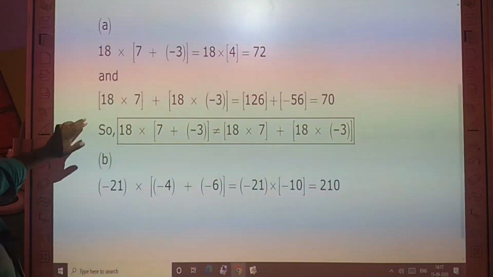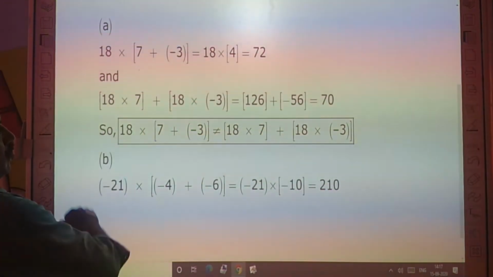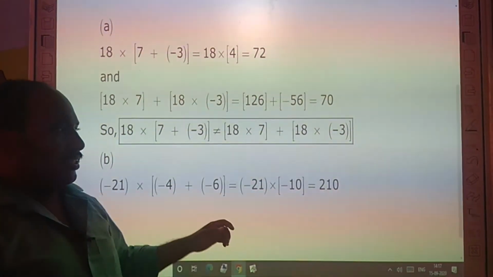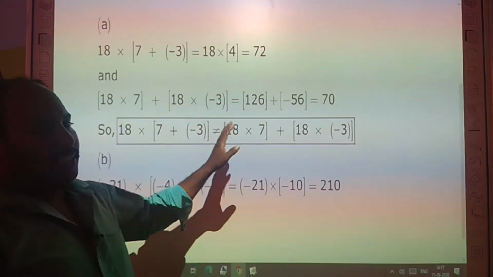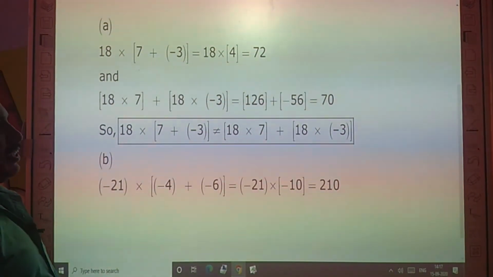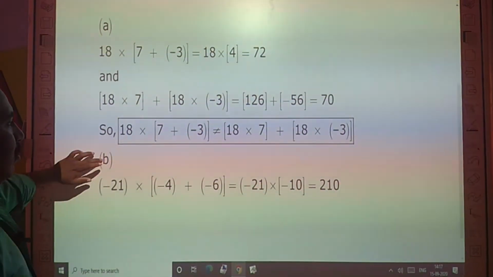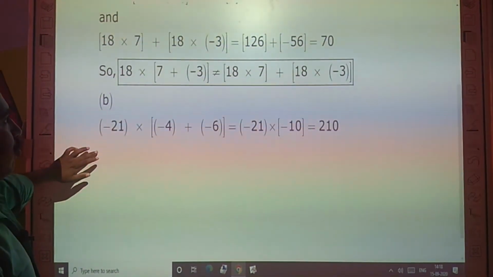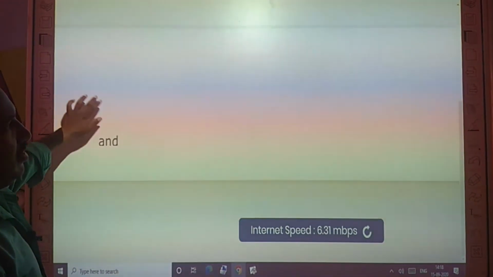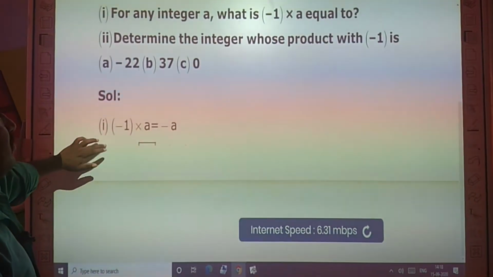That is the LHS. Then RHS is equal to 18 into 7 plus 18 into minus 3. 18 into 7 is equal to 126, plus 18 into minus 3 is equal to minus 54. We add the two numbers, the answer is 72. So both are equal, LHS is equal to RHS.